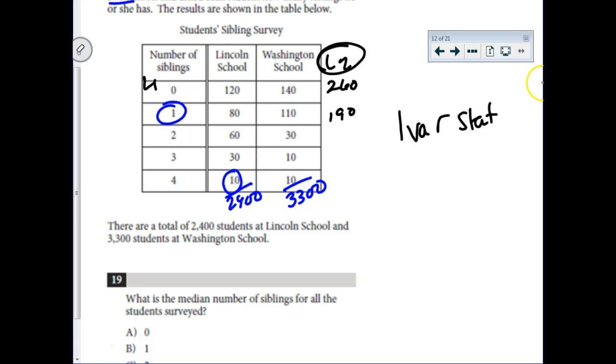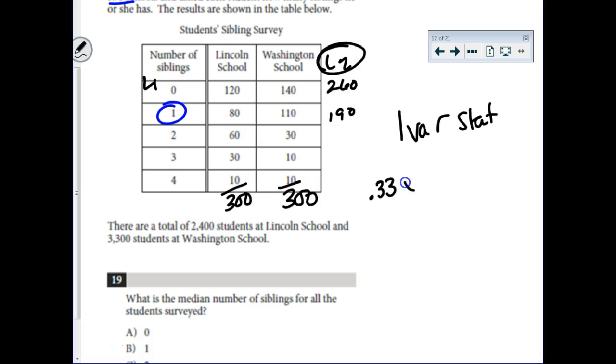Oh, guys, I'm so dumb. Stop, stop, stop. How many kids did they survey? 300. Why am I so confusing today? Okay, what percentage is that? 10 over 300, so 0.03, not 0.33.